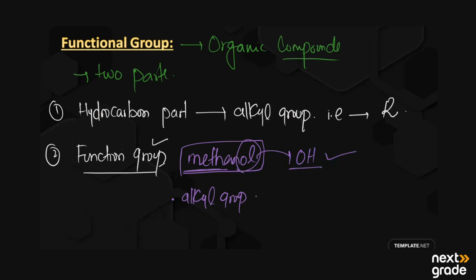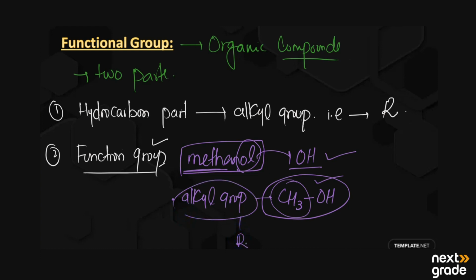So in methanol, we have the methyl group CH3 along with the functional group OH. So this name consists of two parts. The first part is the hydrocarbon part, the alkyl group denoted by R, and the next is the functional group, the hydroxyl group OH. Ol shows that this is the class of alcohols, for the specific functional group.